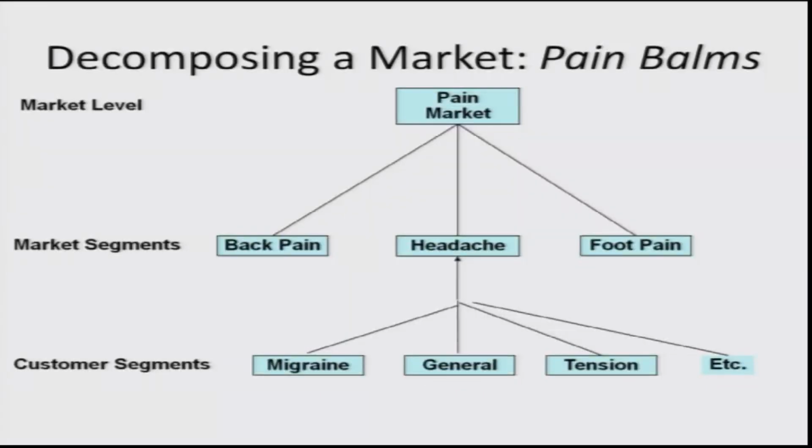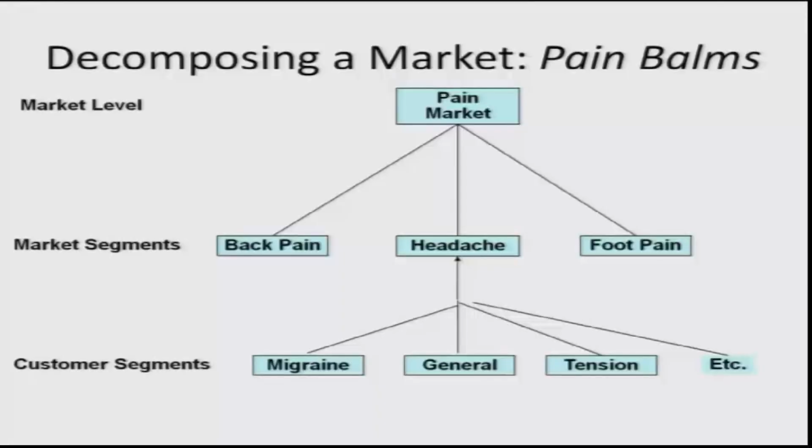I think these abstract concepts can be very easily understood if we take up some examples. I take for example pain balms, we are all familiar with them. So, we know the product is targeted to relieve pain.